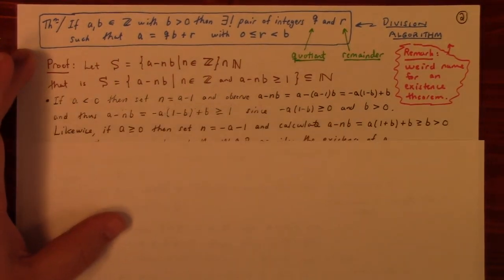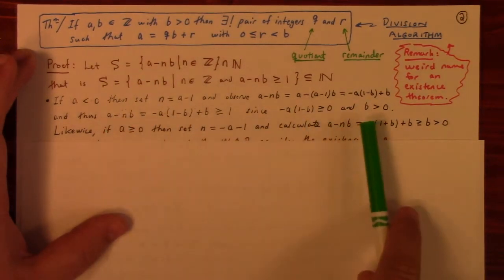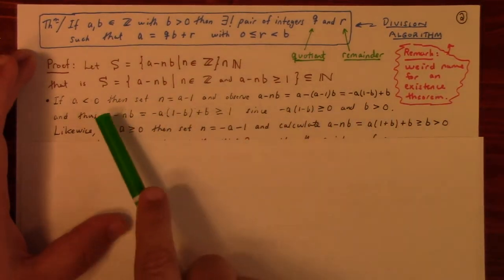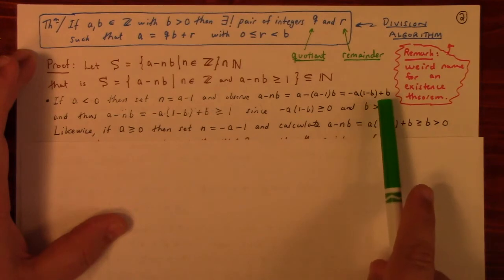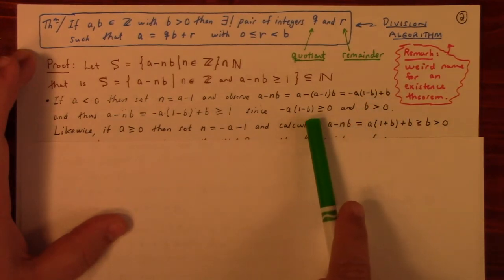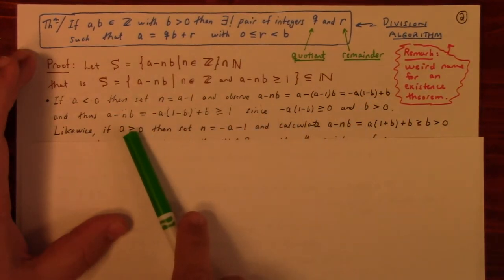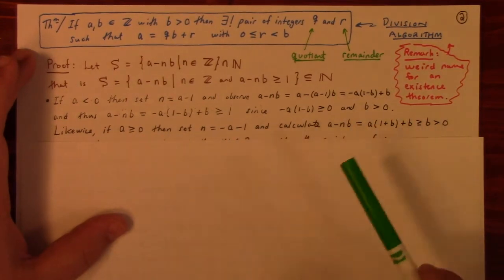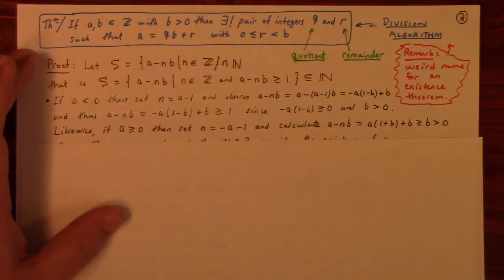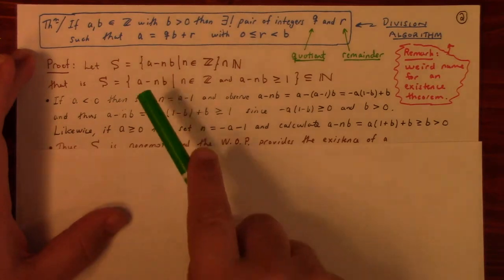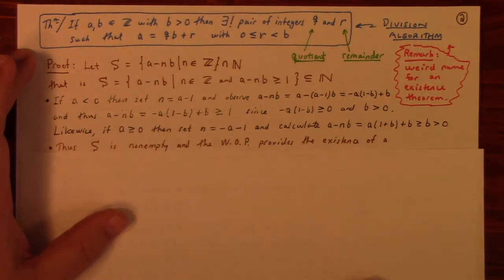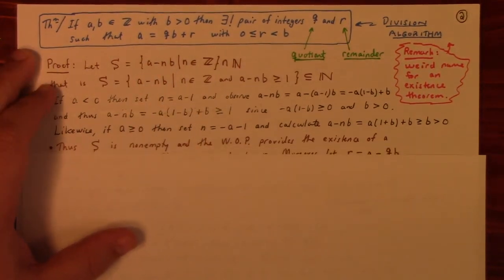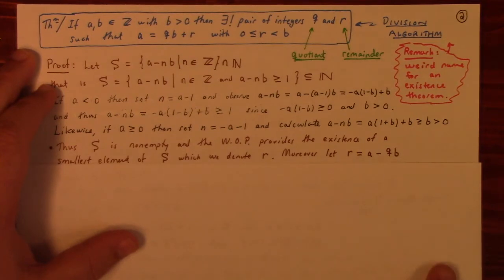This bit of argument here shows that if a is less than 0, it's got a number in it, and if a is non-negative, it's got another number in it. So this paragraph just shows that the set S is non-empty. And since it's non-empty, it has a least member, via the well-ordering principle.